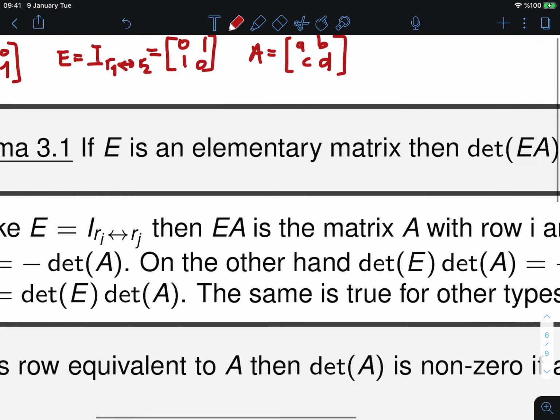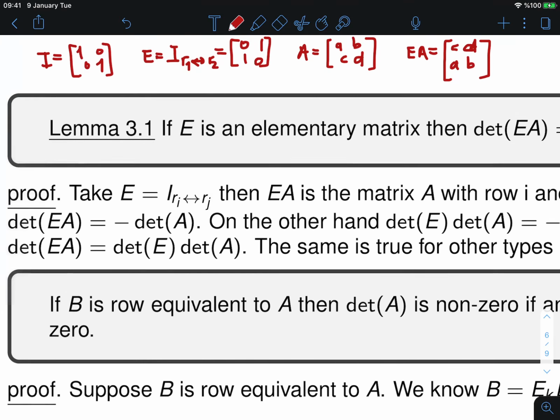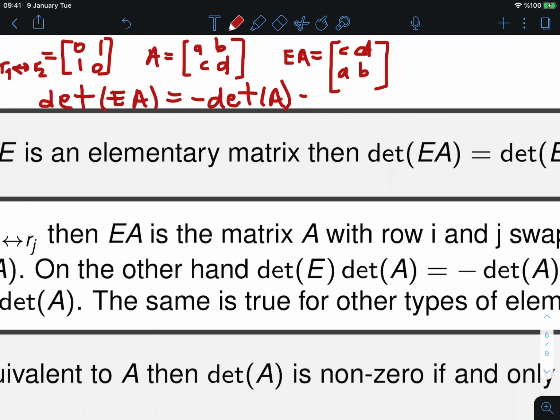Then what is E times A? Well, we have seen this. E times A is simply the matrix A where row 1 and row 2 are swapped. You can check this, okay? Which means the determinant of E times A will be negative determinant of A. But this is also equal to determinant of E times determinant of A. Why?